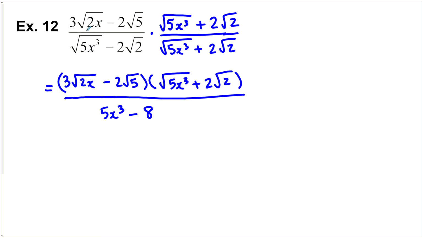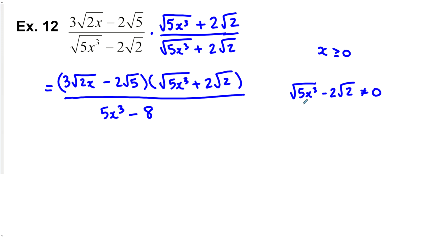We have an x under a square root, and that means that we need x to be greater than or equal to 0. Same thing in the denominator, but we do have to worry about the denominator as a whole. This expression here cannot equal 0. So root 5x cubed minus 2 root 2 cannot equal 0 either.